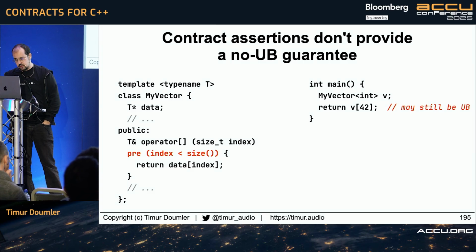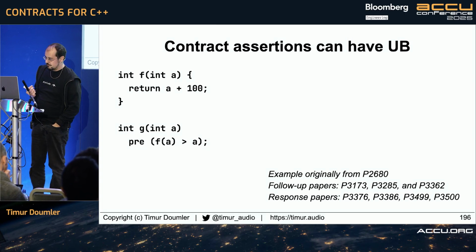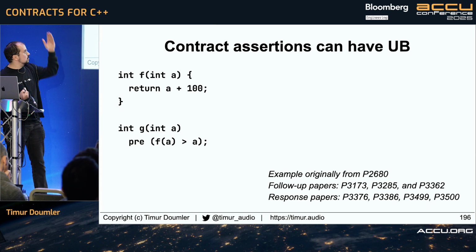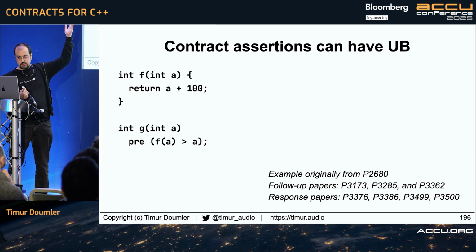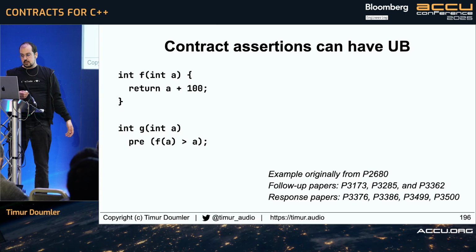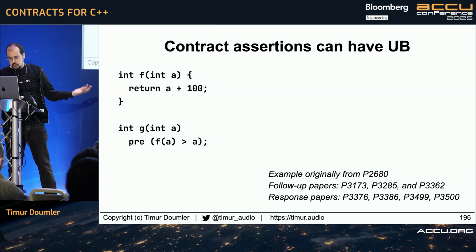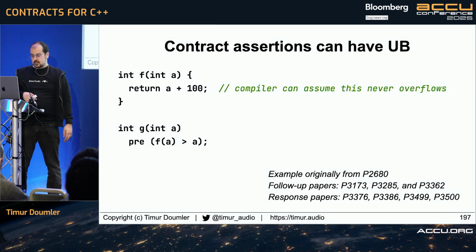Another problem is that contract assertions themselves can have UB. So imagine a function that adds two integers, and then you use that function somehow in a precondition assertion. Signed integer overflow is UB, so the compiler can assume that it never happens.